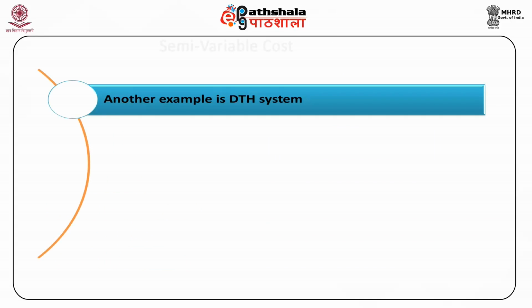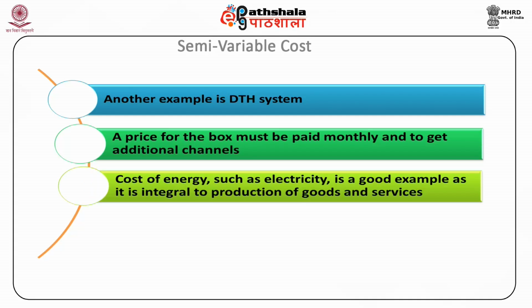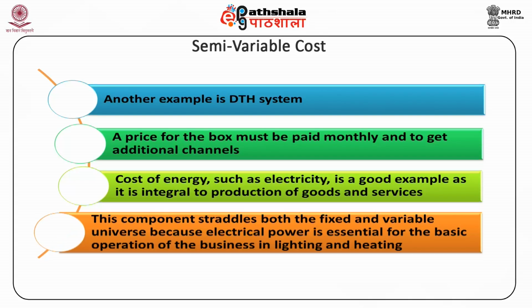Another example is the DTH system. A price for the box must be paid monthly, and to get additional channels, more money has to be given. The cost of energy, such as electricity, is a good example as it is integral to the production of goods and services. This component straddles both the fixed and variable universe because electrical power is essential for the basic operation of the business in lighting and heating.